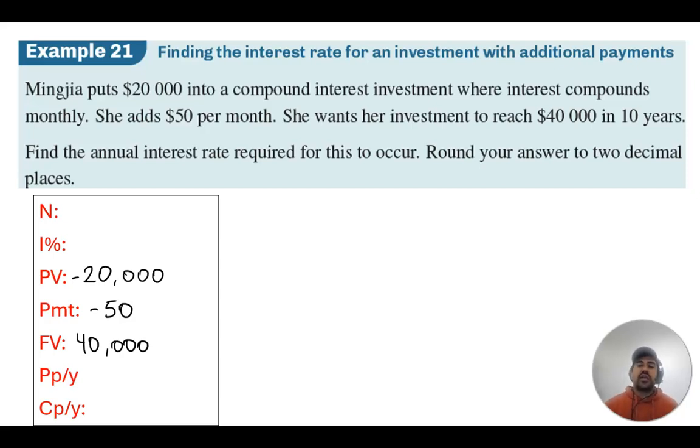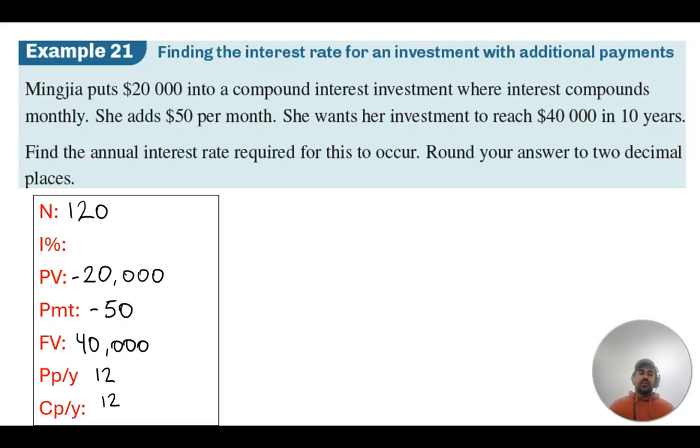So the amount of payments that is going to happen, because this is monthly, is 120. So there's 12 months within a year, which implies that there are 120 payments within 10 years. Now the payments per year and the compounds per year, this is 12. Both of them are 12. These are generally the same values.